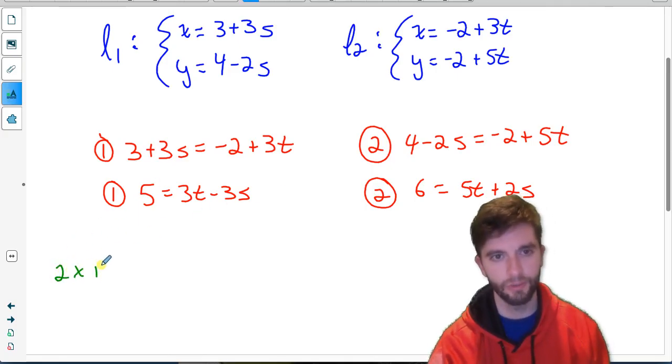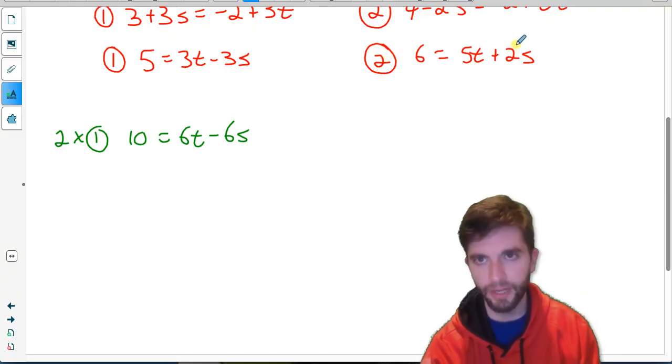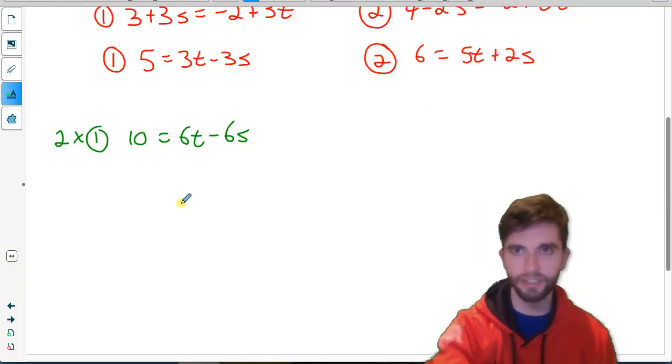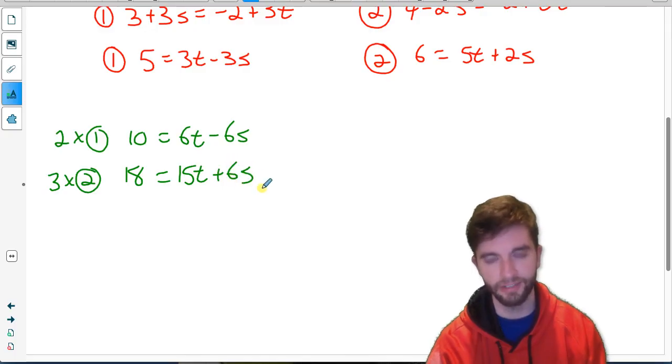So 2 times equation number 1 would give me 10 equals 6t minus 6s, and I would have to multiply equation 2 by 3 to make this a coefficient of 6. So 3 times equation 2 would give me 18 equals 15t plus 6s.